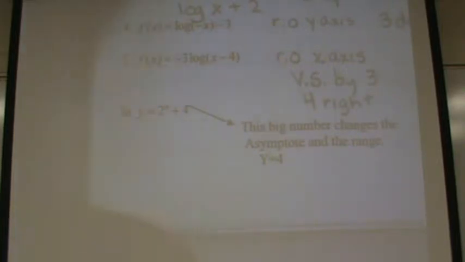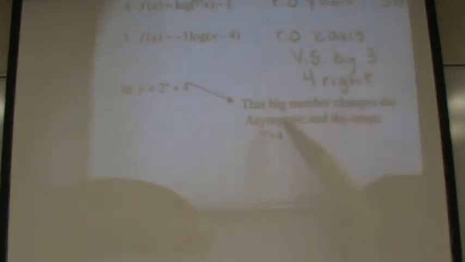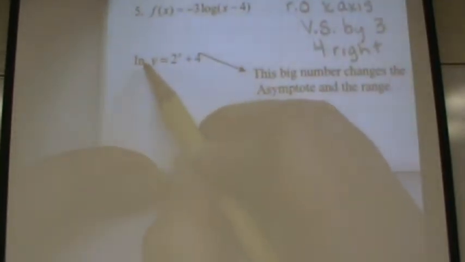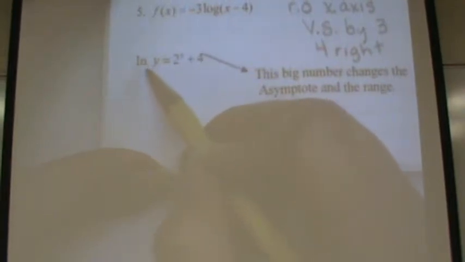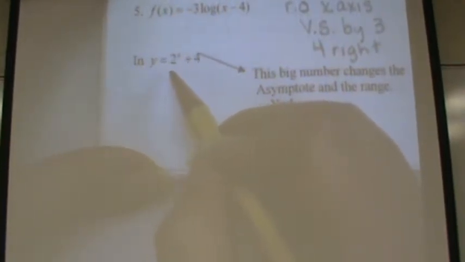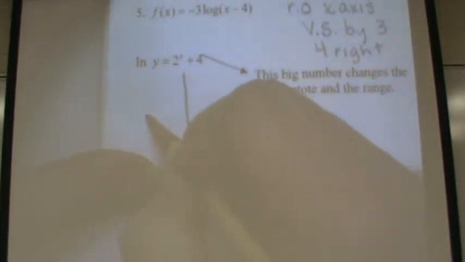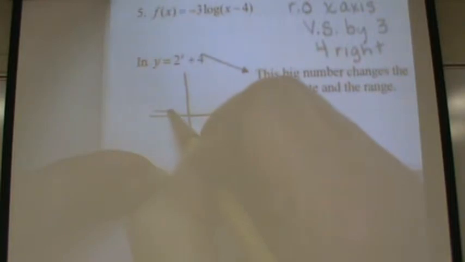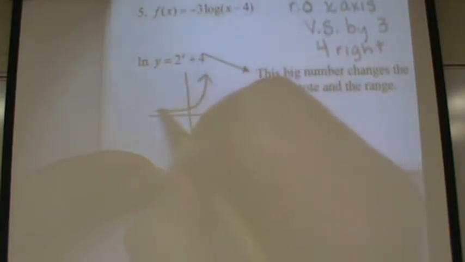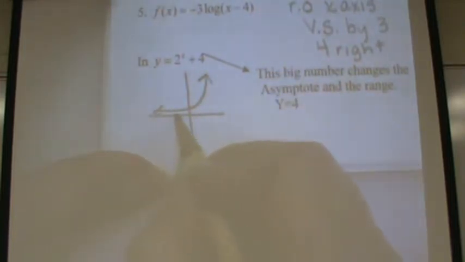I want to show you how to graph these. Take out this, it looks like ln. So in this graph, y equals 2 to the x power plus 4, this is the parent function, it looks like this. So we have this asymptote, y equals 0 right here.